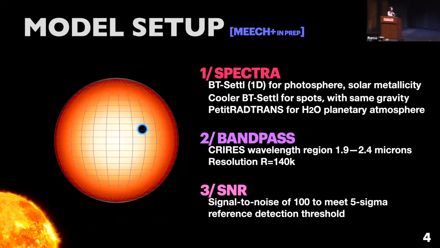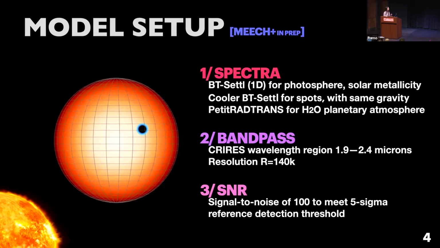And then we have, for the planet atmosphere that we're looking for, a hydrogen-helium dominated atmosphere around a sub-Neptune containing water. And then I've concentrated on the CRIRES bandpass in the near-infrared with CRIRES resolution and a signal-to-noise that means that we're meeting the 5 sigma threshold level that is normally considered to be the threshold above which we consider a detection at high resolution.